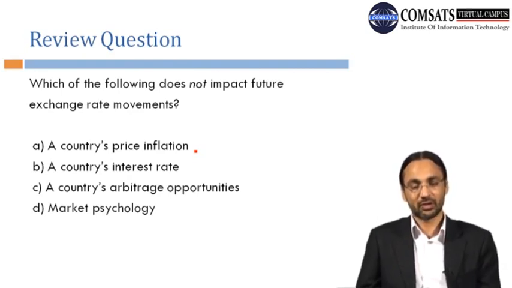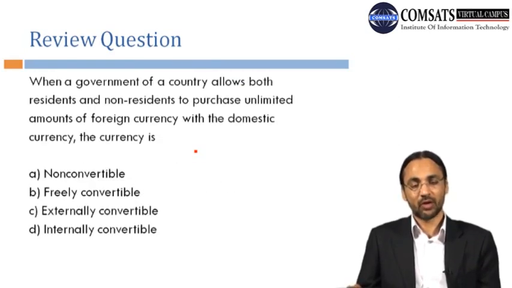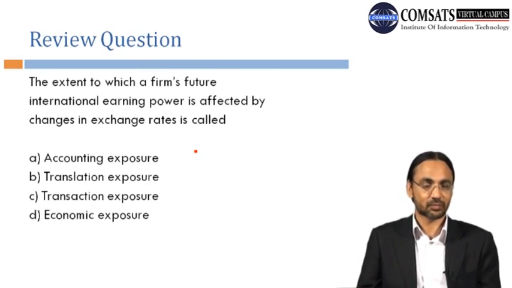When a government allows both residents and non-residents to purchase a limited amount of foreign currency with the domestic currency, it is called non-convertible, freely convertible, externally convertible, or internally convertible. Answers to these questions are available in the book, in the chapter, even in the slides.